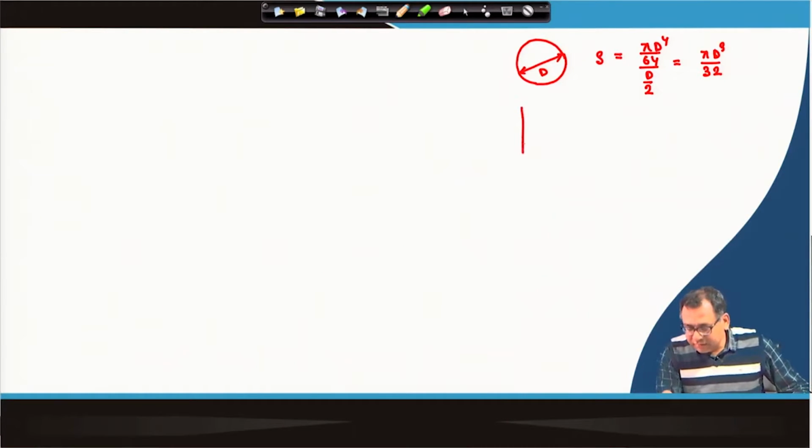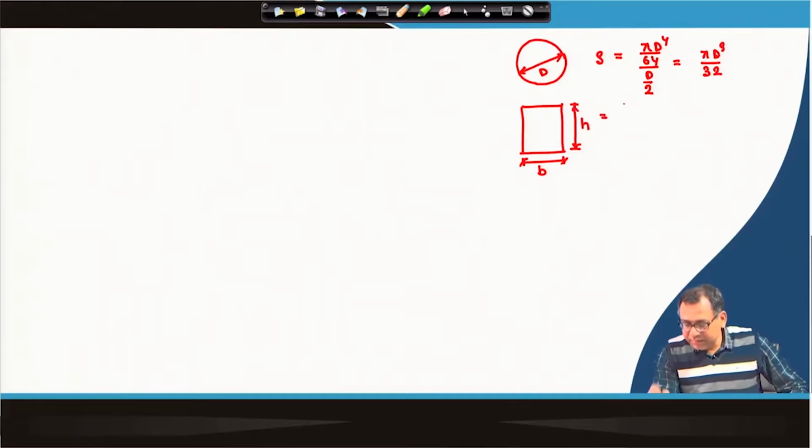Now, if it is a rectangular section, if this is B and this is H, then the section modulus will be what? B h cube divided by 12 divided by h by 2.